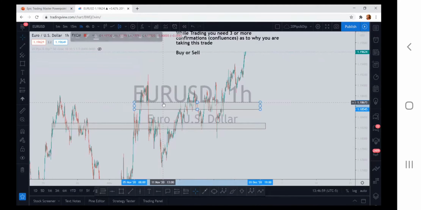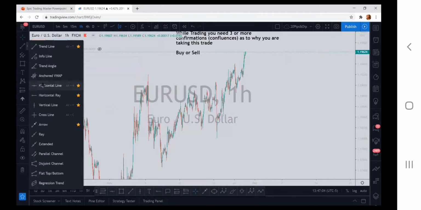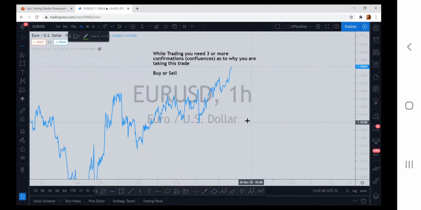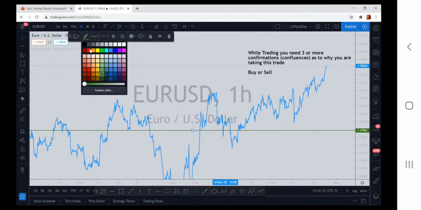Okay. Let's go back. We have support and resistance. Okay. Now with support and resistance, you guys know I use the line chart. And for the purpose of this training, I'm going to change the color here to red.